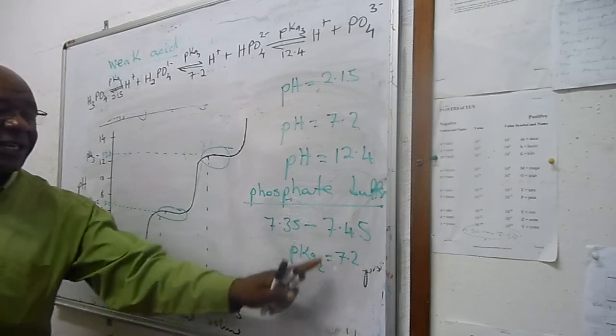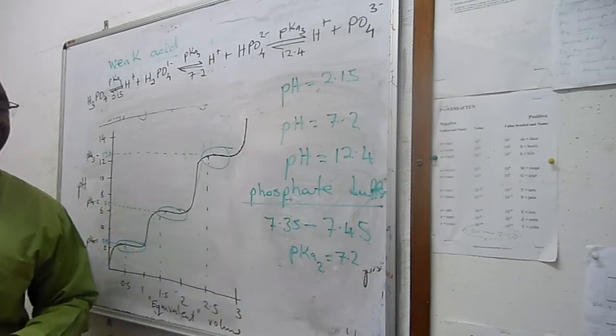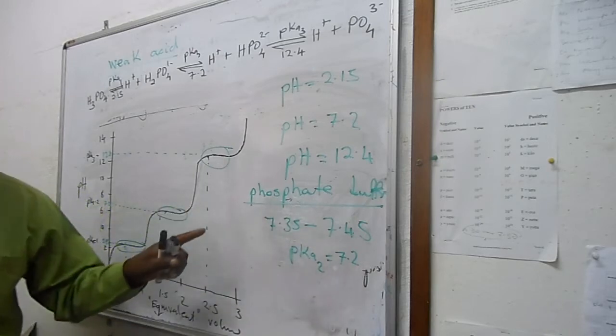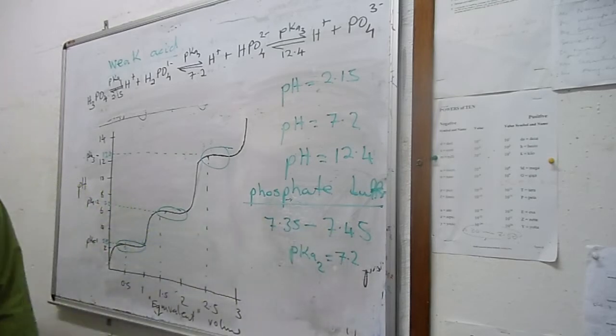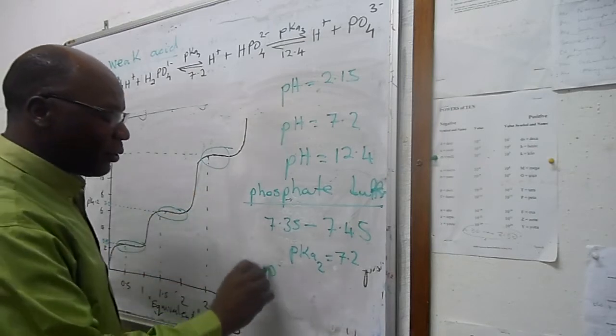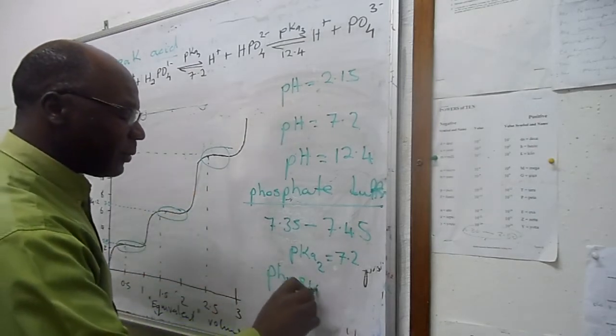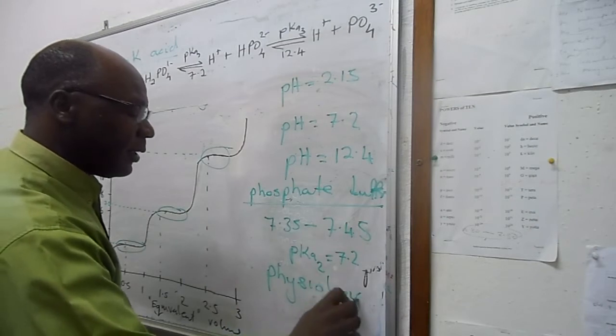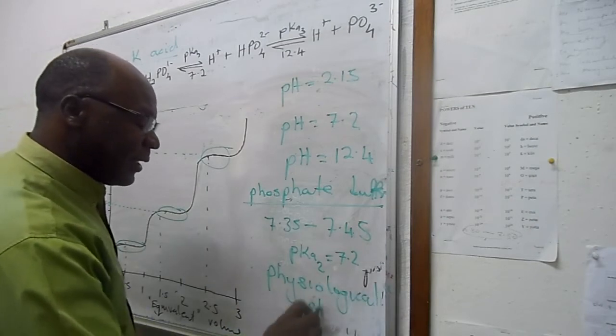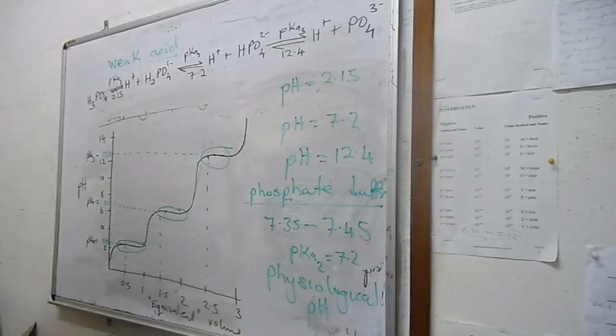So this can act as a buffer in the human blood. The human blood has a pH of 7.35 to 7.45, which we sometimes call the physiological pH. The physiological pH is the pH of human blood.